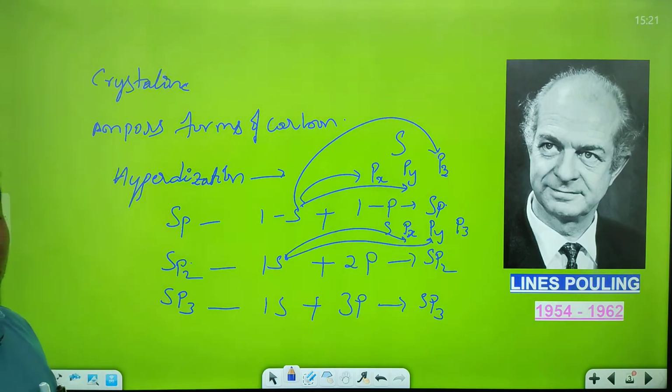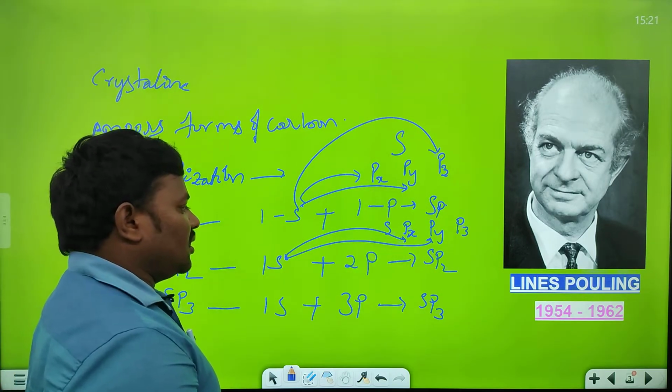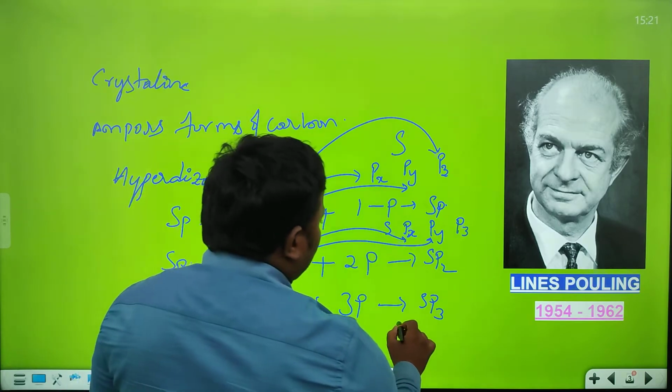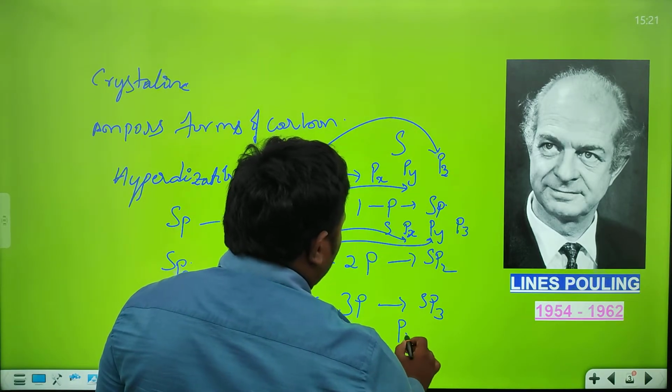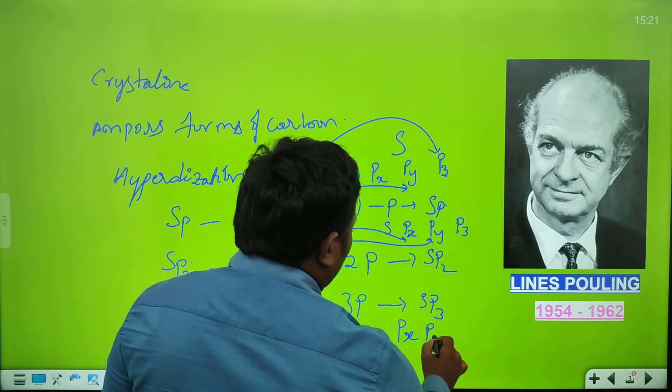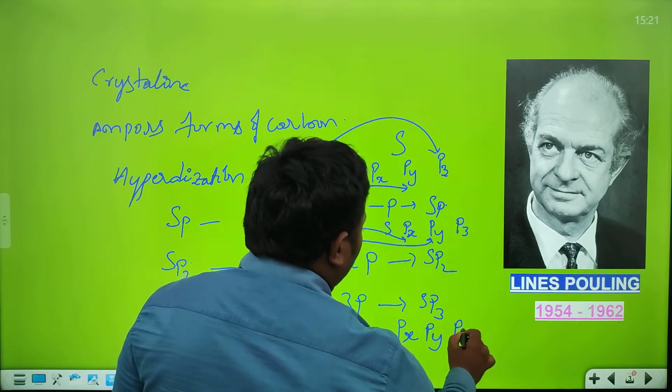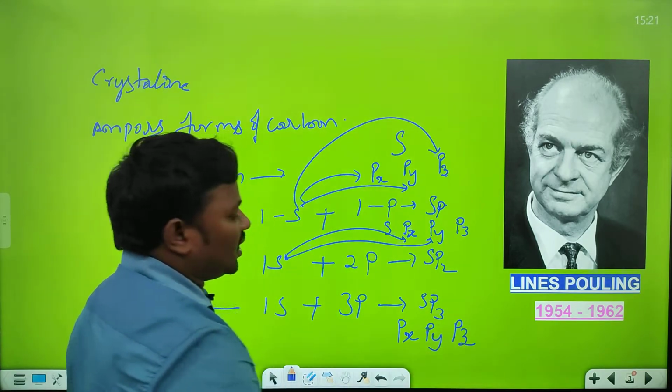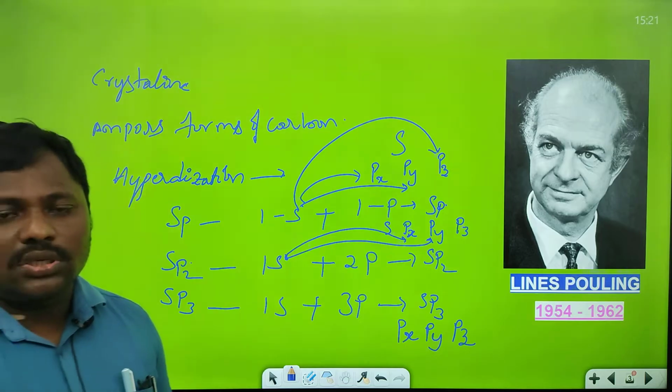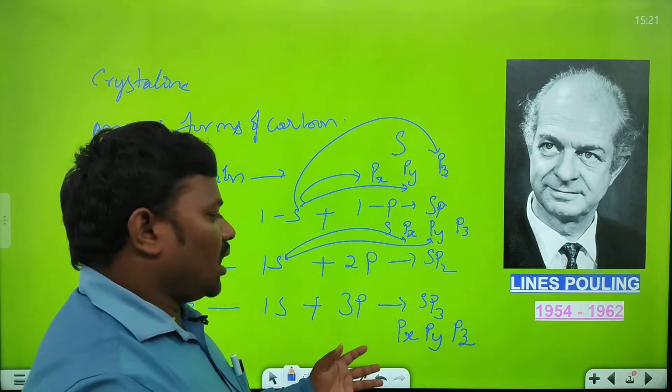In sp3, all three orbitals, Px, Py and Pz, are involved in the hybridization.